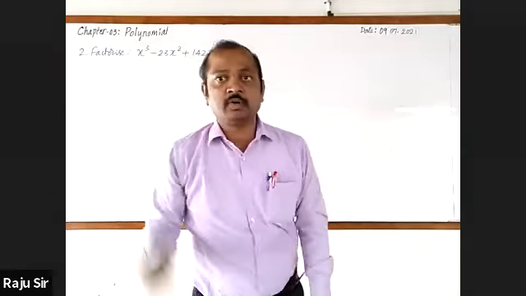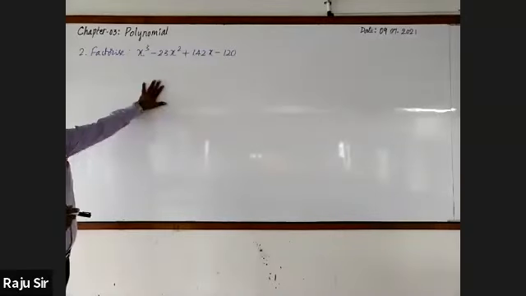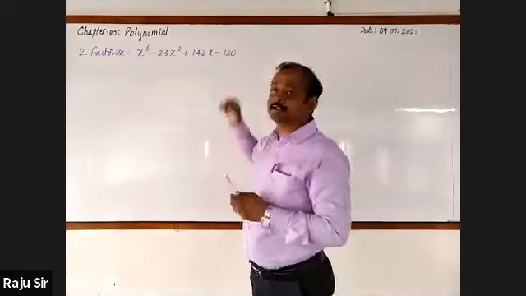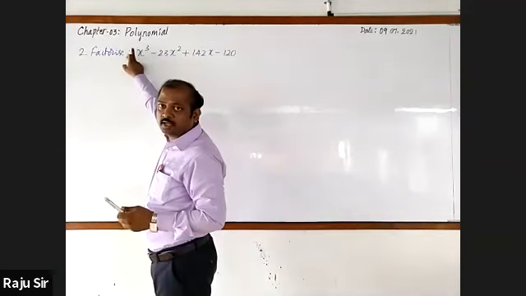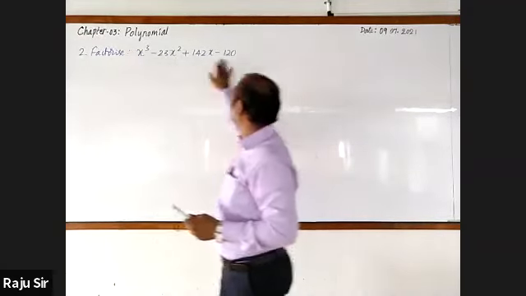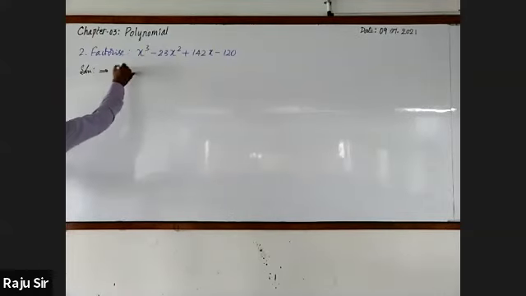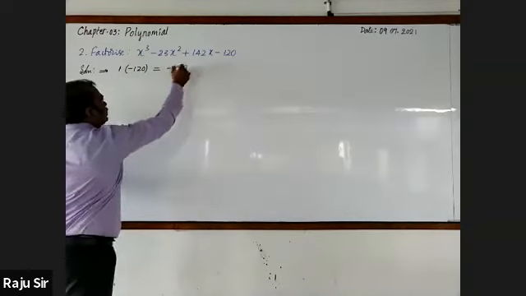I think even you have copied the same statement. Here, as it is a cubic polynomial, first we will go for multiplying first and last term. First term is 1x cube, in that I will take the constant 1, and the last term is minus 120. Multiply both of them. Please go on writing with me. It is 1 into minus 120. This is equal to minus 120.